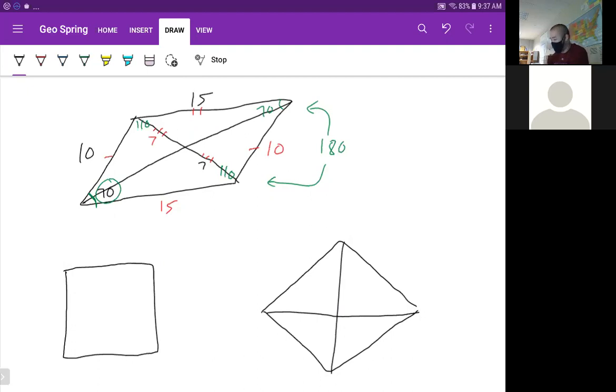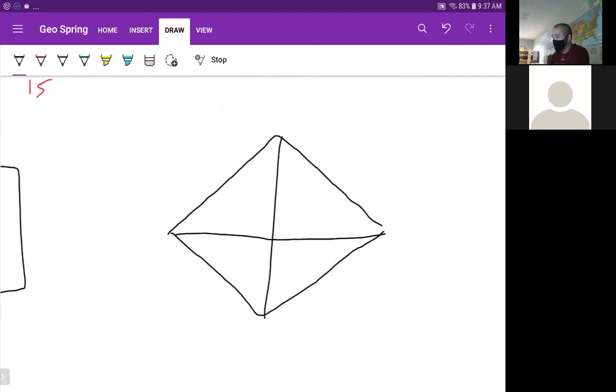So let's look at this rhombus. I give it 60 here. It's going to be 90 here because it's a rhombus. And then you have 10 and 12, so this is a right triangle. You can do a squared plus b squared equals c squared.